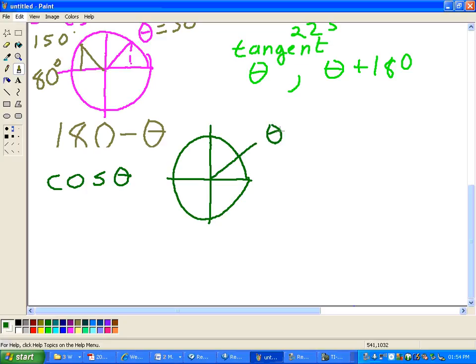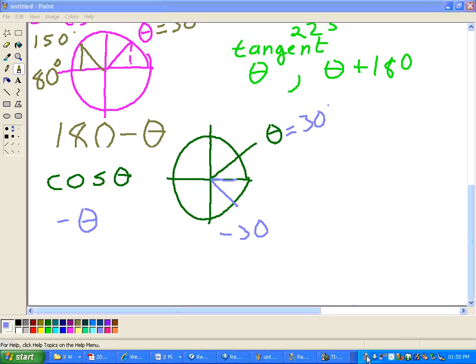The side that I would have for cosine would be right there. So the other angle that gives that to me is down below. So that means for cosine, if you get an answer, the other answer is negative, whatever you had. So if this was 30, the other answer would be negative 30. Does that work for you folks? Yeah, I think I'm probably at the end of my report on that one.